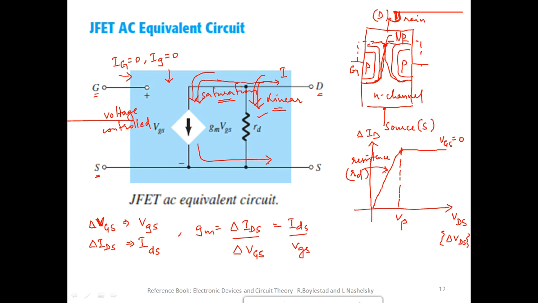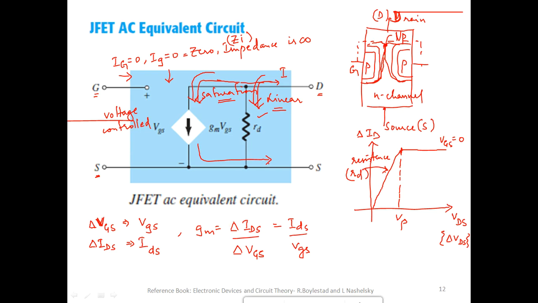We are not joining it, because the impedance offered is infinite, because the current is 0. Whenever I say impedance, it is the input impedance at the input side. Input impedance offered is infinite, but practically also it's pretty large and is usually in mega ohms. Because of that, we are just keeping it as open. So that's the AC equivalent of an N channel JFET.